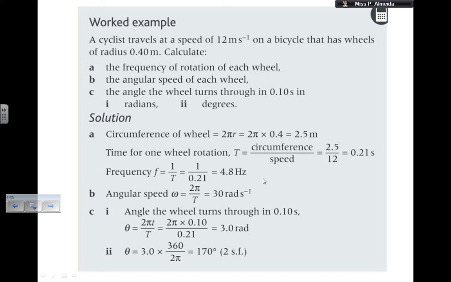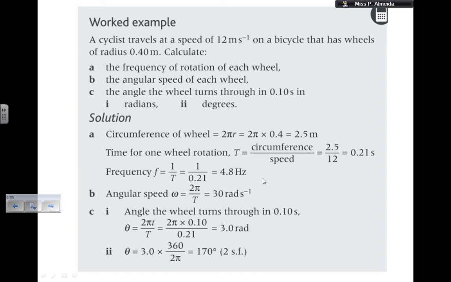Then the angle that the wheel turns in 0.10 seconds. So that's going to be, using the angular displacement formula that I showed you before, 2 pi times t, the time that they want to know, over T, the time of one rotation. So that's 2 pi times 0.10, which is the time they are asking in the exercise, divided by 0.21.